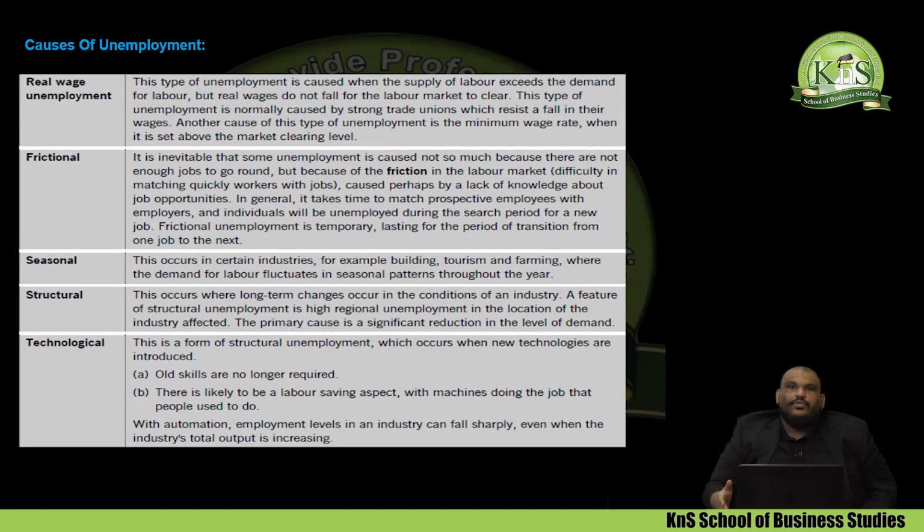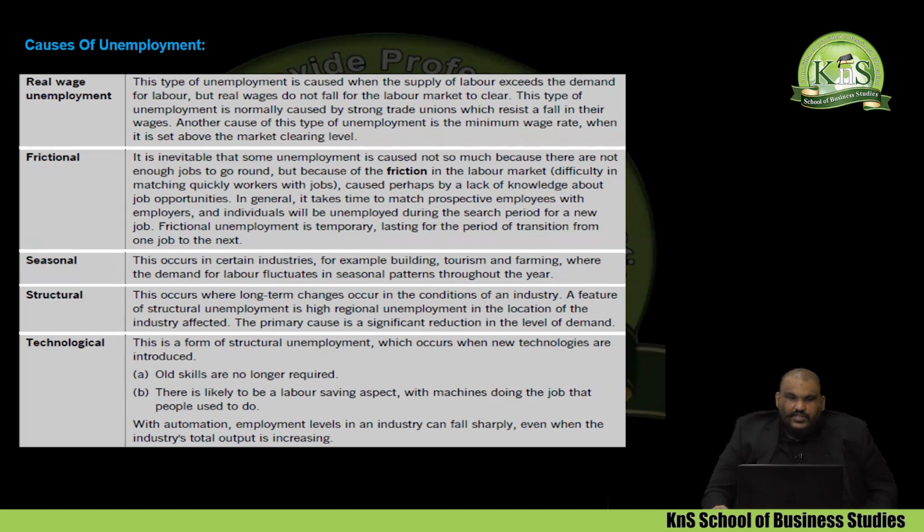There are some companies which have a policy that if you belong to a trade union, you cannot work here, because trade unions can become very powerful, and often companies have no choice but to succumb to their demands. But some companies will say, hey, listen, we don't care. We are not able to pay you this much. You can leave. And once that happens, it results in real wage unemployment.